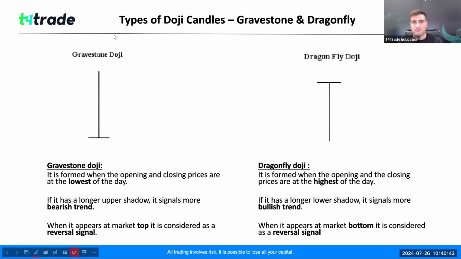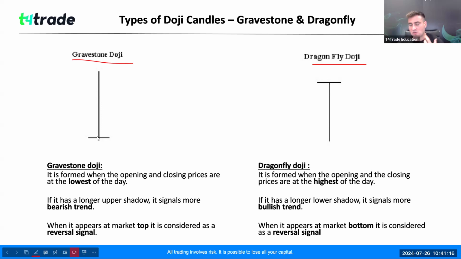Okay, so other types of doji candles we call gravestone and dragonfly doji. Who comes up with these names? Nobody knows. So the main difference between the actual doji, the neutral doji, and the gravestone and dragonfly doji is that the basic doji has a wick and a shadow, okay? Whereas gravestone dojis do not have shadows and do have wicks.